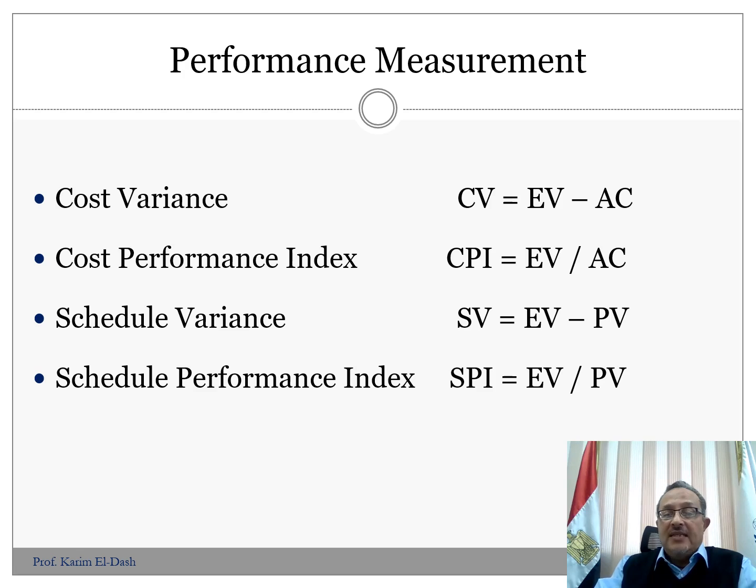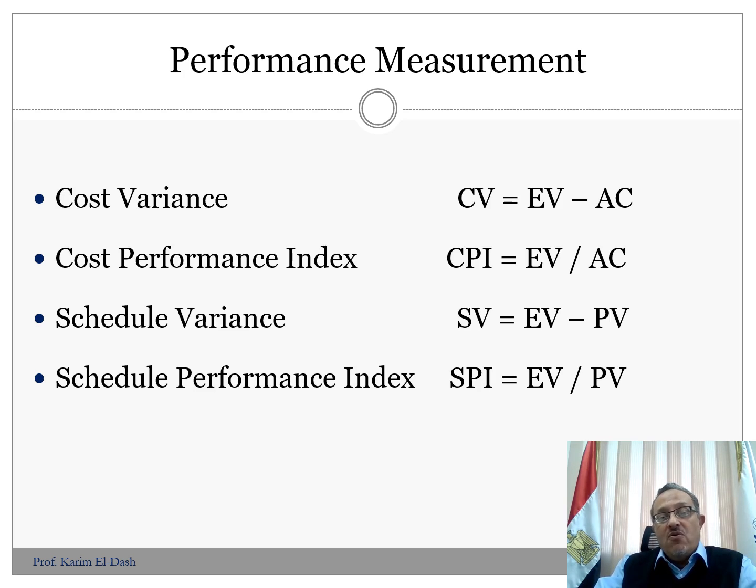Cost variance and schedule variance should be positive values. That means earned value is higher than the actual cost for cost variance, or earned value is higher than planned value for schedule variance. If they are positive values, that means we are going better than the plan, which is a rare case.